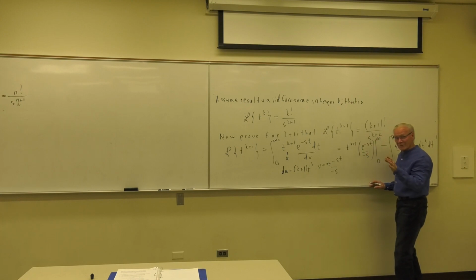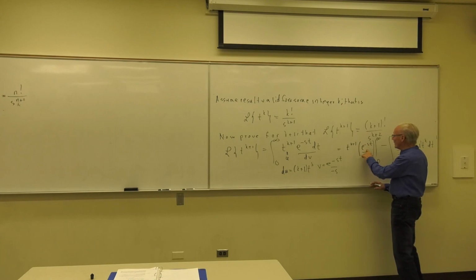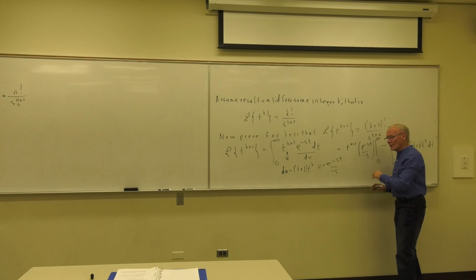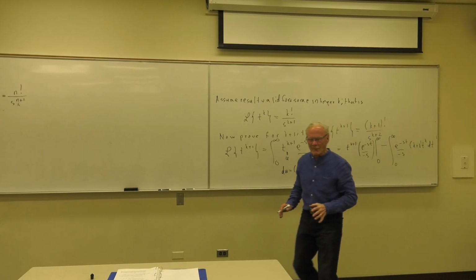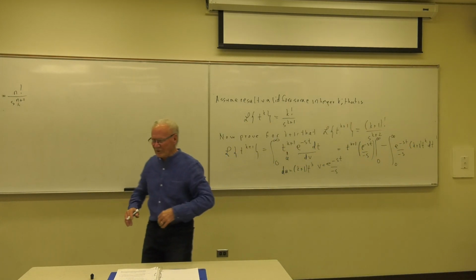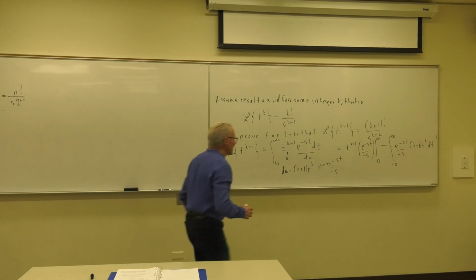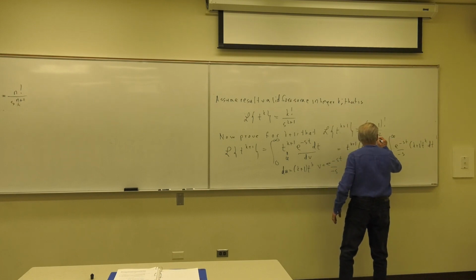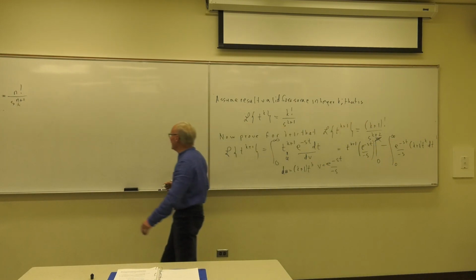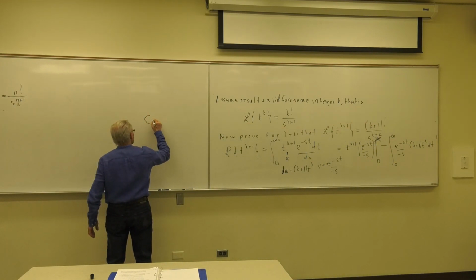But just like we've done so many times before, if s is positive, this will go to 0. This will go to infinity, but the exponential goes faster. Based upon our experience with infinite sequences and series, we kind of saw that. So this is going to go away, provided s is bigger than 0.